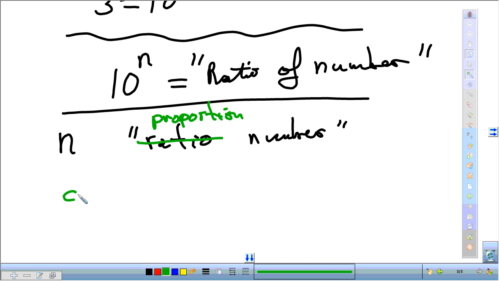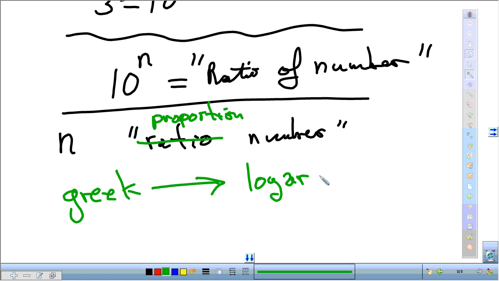And actually, it wasn't called proportion number, it was given in Greek as proportion, which is logos, shortened a little bit, and a number, which is arithmos, that word, which is part of arithmetic.